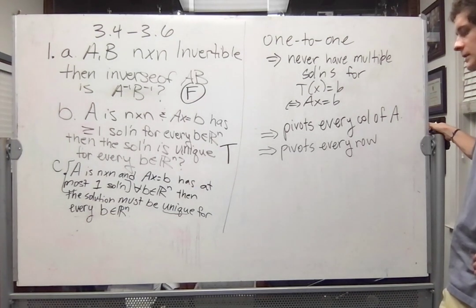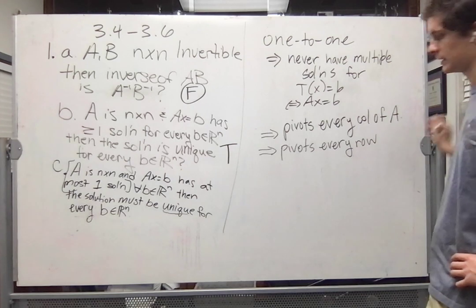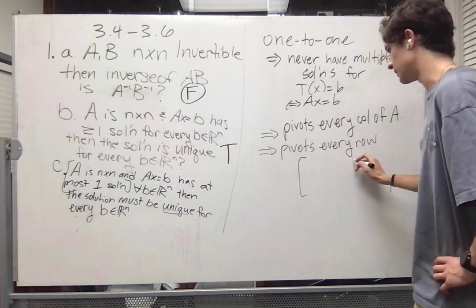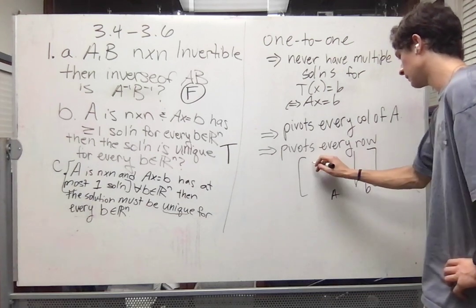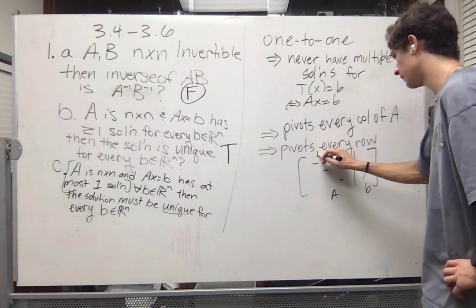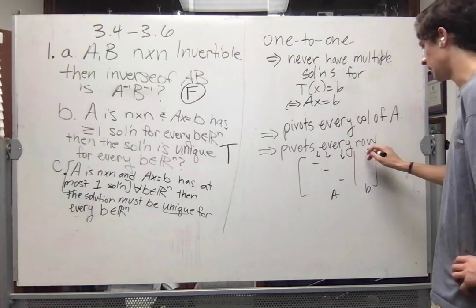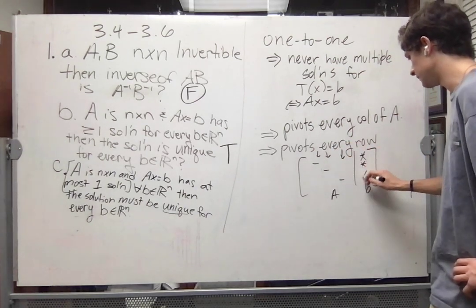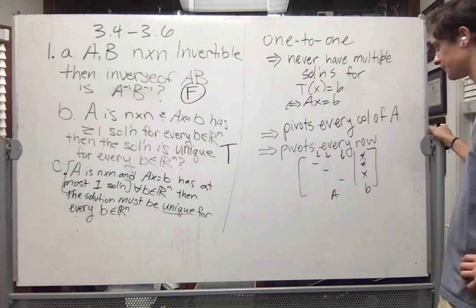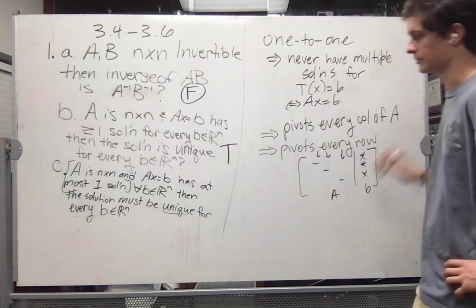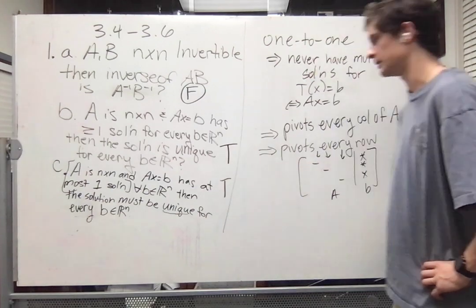Do we have a unique solution for every single b in Rn? Once again, we're in this situation where we have A, B, pivots in every row and every column. And the solution that we get for Ax equals b is exactly the augmented column of b. And so I think the answer would be true. The answer is certainly true.